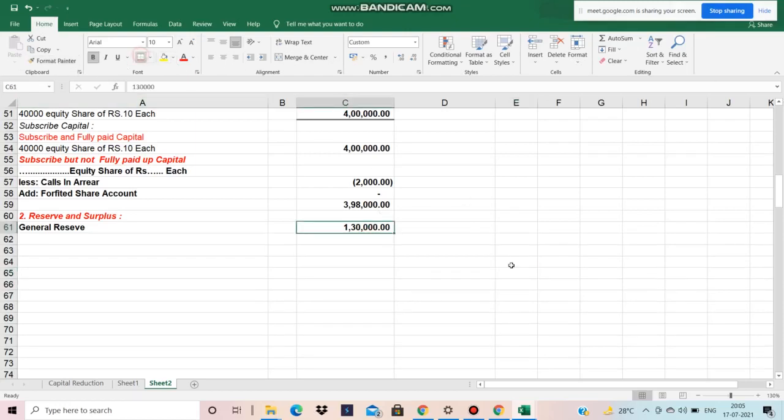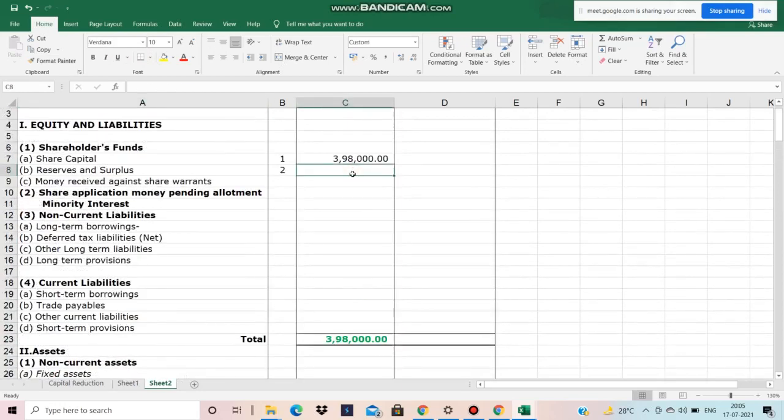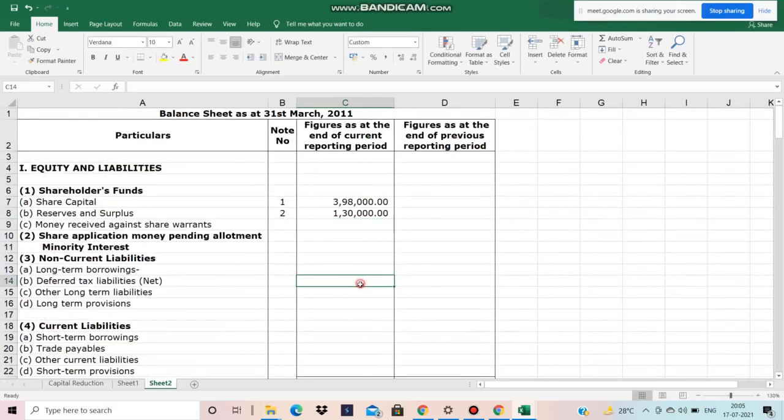So that 1,30,000 will come under note 2. Money received against share warrants, nothing is there.